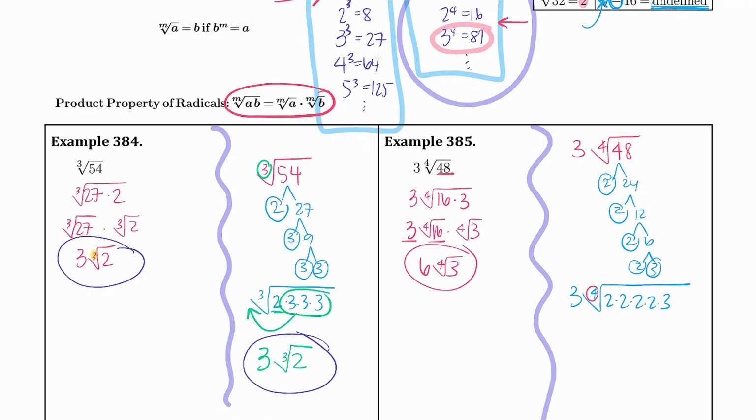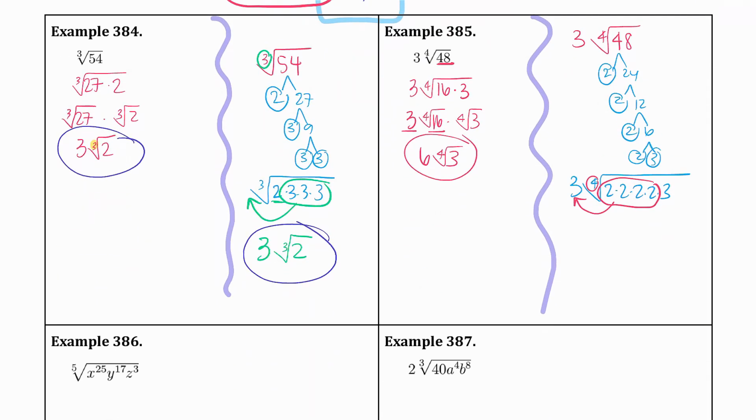Since it's the fourth root, I'm looking for groups of 4. The fourth root of this means I'm going to bring that 2 to the outside. There's already a 3 there. 3 times 2 gives me 6. The only thing I have left on the inside of that fourth root is 3. So either way, 6 fourth root of 3.